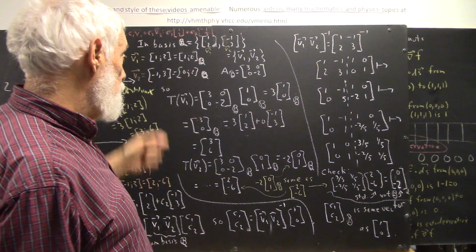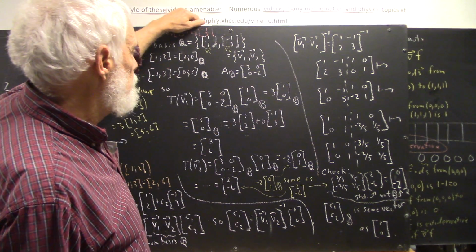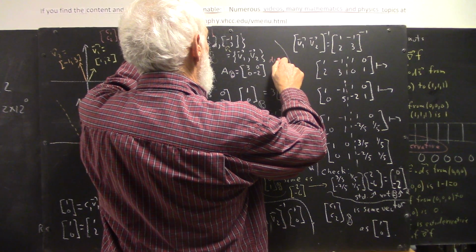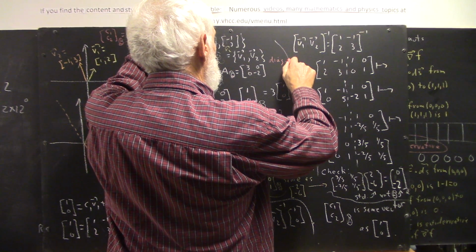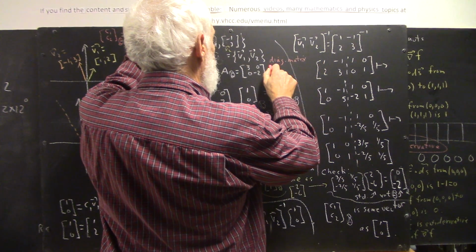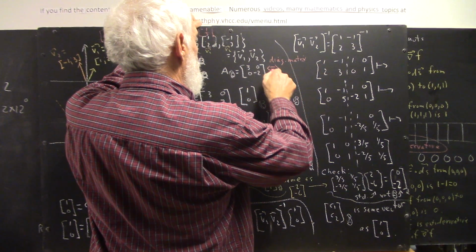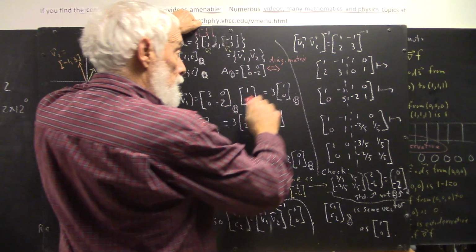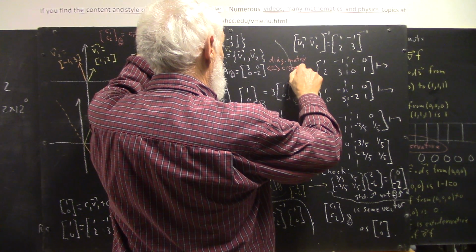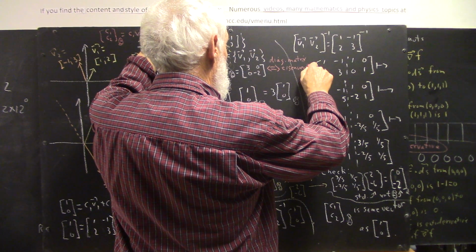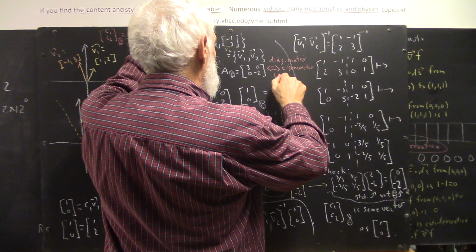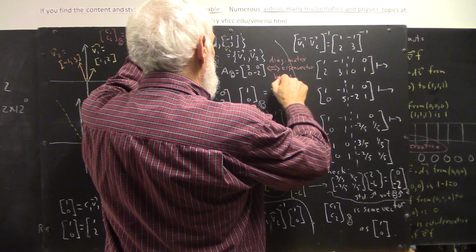Okay, so I can say that a diagonal matrix occurs, double implication sign, if and only if your basis consists of the eigenvectors.